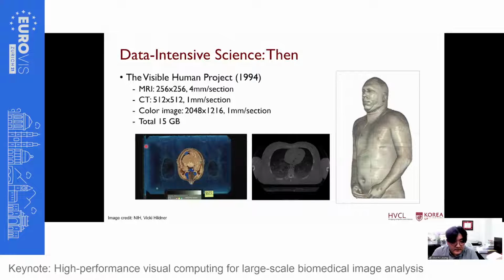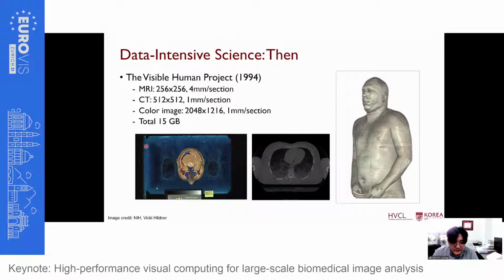This is one example where people generated a very large, huge amount of data back then. This is the so-called Visible Human Project. This project was started in 1994. I'm pretty sure many of you in this audience know this project.